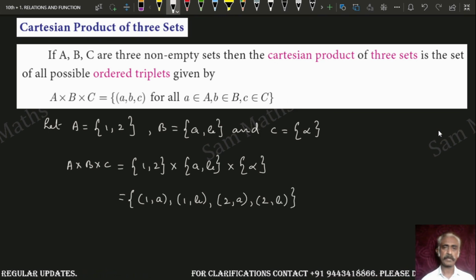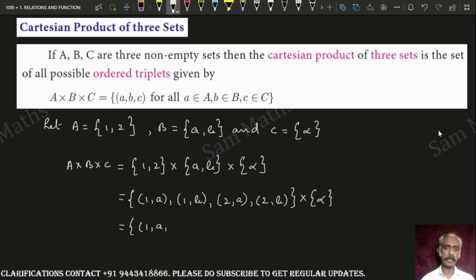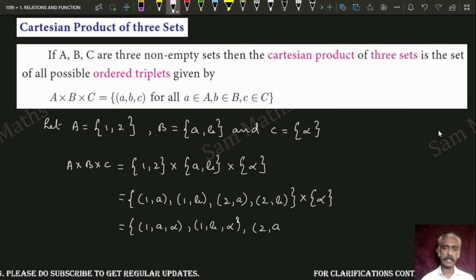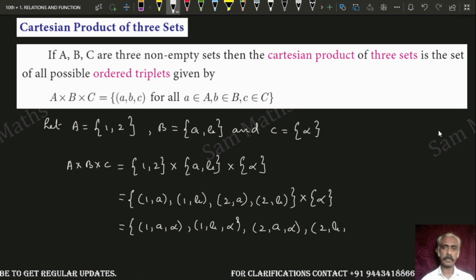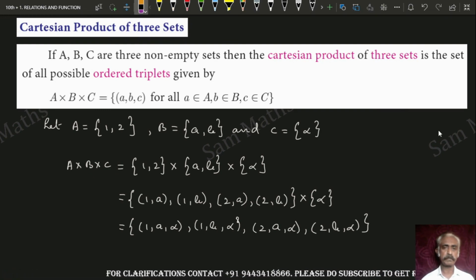Clear, children? Cross alpha. Now we have to take along with the C set. Therefore, we are getting the set {(1, a, alpha), (1, b, alpha), (2, a, alpha), (2, b, alpha)}. Clear, children? This is A cross B cross C.